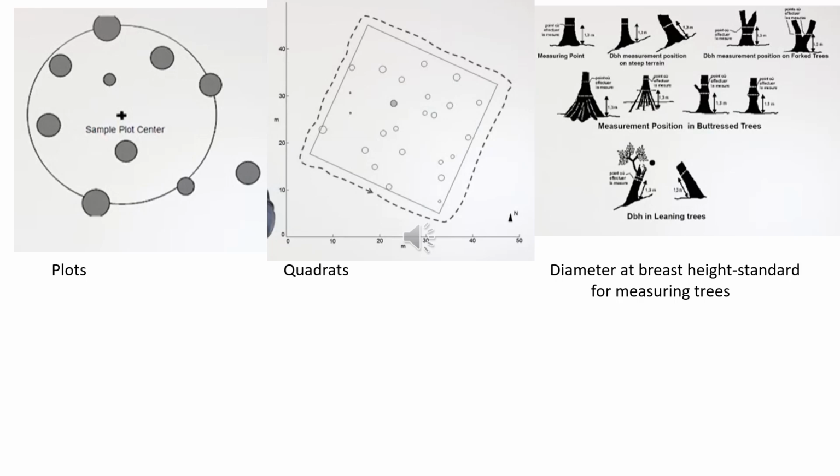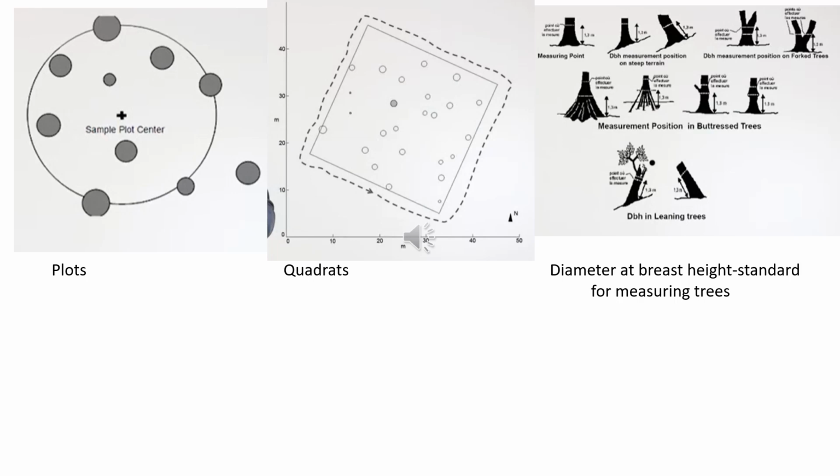Now, quadrates are very similar but are very useful to identify and to collect samples and species in small parcels. We use quadrates for plants, for instance, but we cannot use quadrates for trees. Transects are very useful when we want to put a straight line and follow this line and identify what is there along this line.